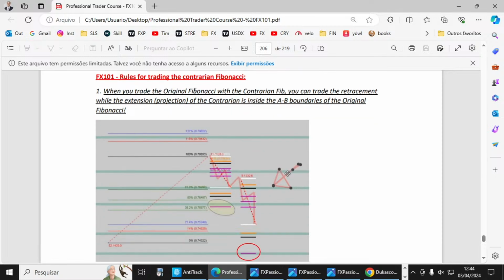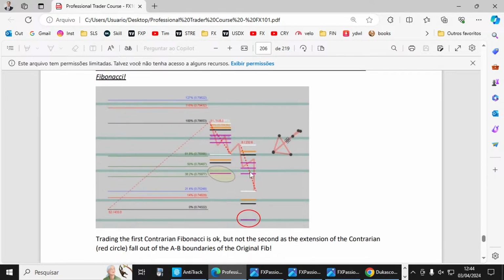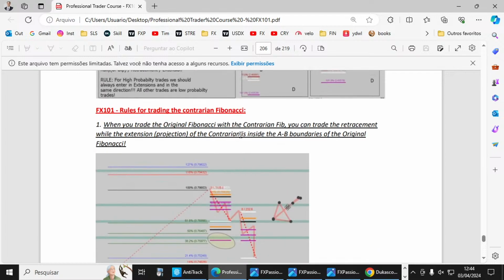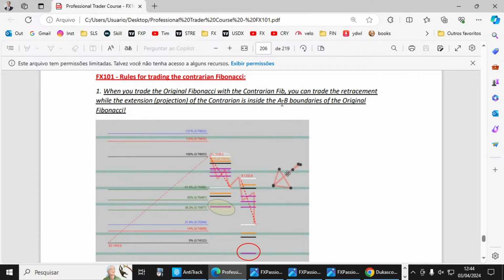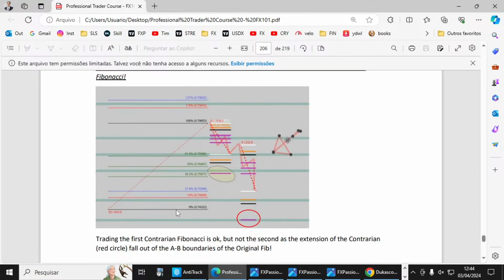When you trade the original Fibonacci with the contrarian Fibonacci, you can trade the retracement while the projected extension of the contrarian Fibonacci is still inside the AB boundary of the original Fibonacci.